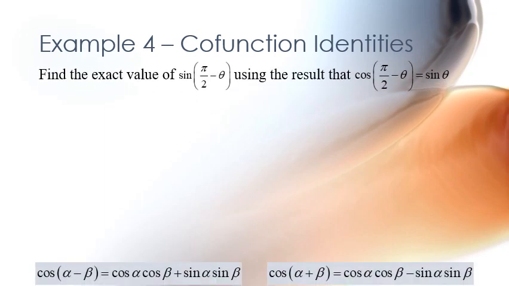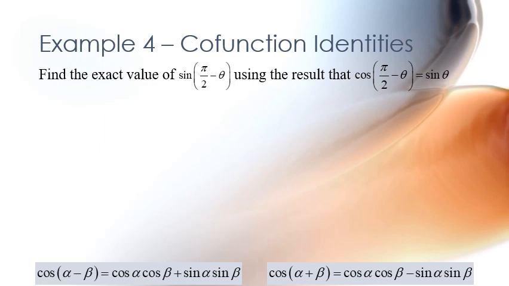So what we're going to do is find the exact value of the sine of pi over 2 minus theta using the result that we just came up with for the cosine of pi over 2 minus theta. We said that the cosine of pi over 2 minus theta is equal to the sine of theta.